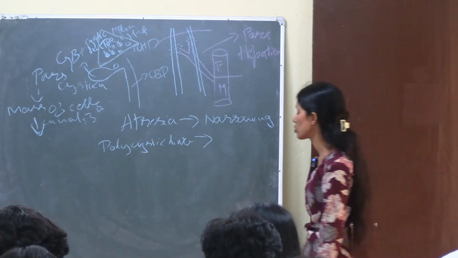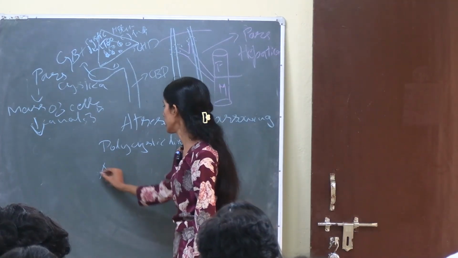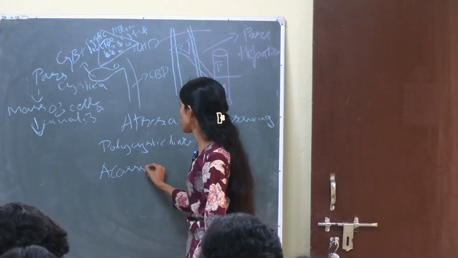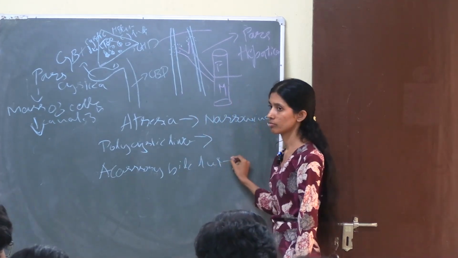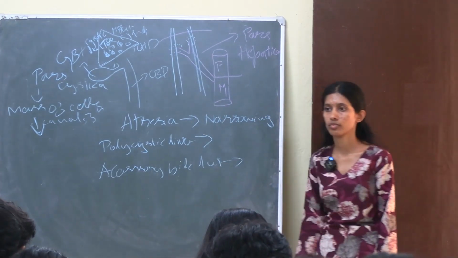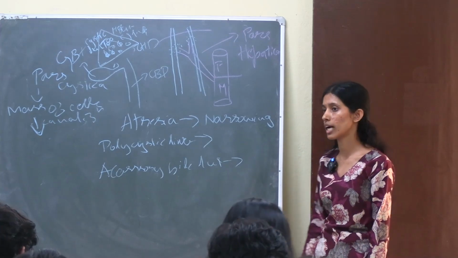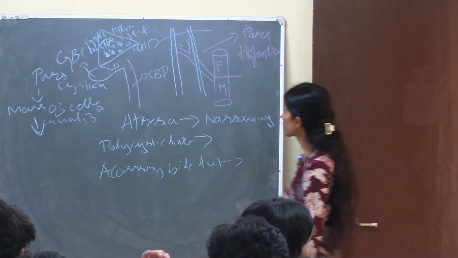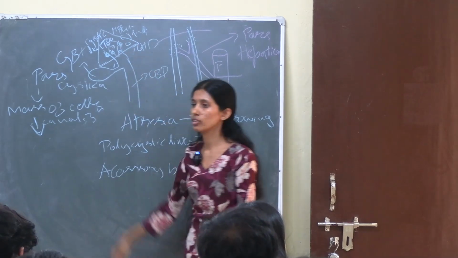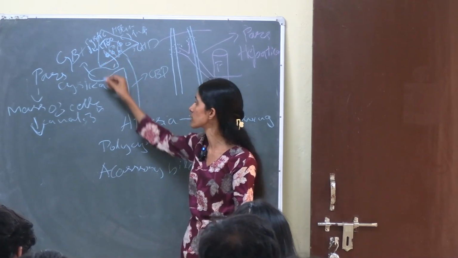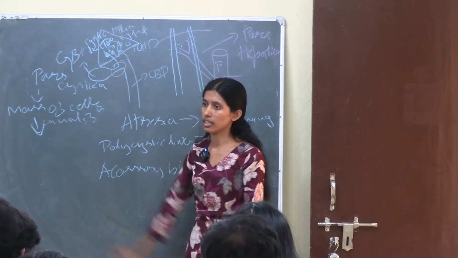There is one more condition called accessory bile duct. What happens in the accessory bile duct is, if you see this diagram properly, the only way your gallbladder and liver are connecting is through the cystic duct.